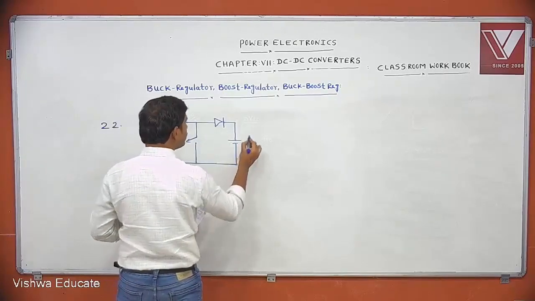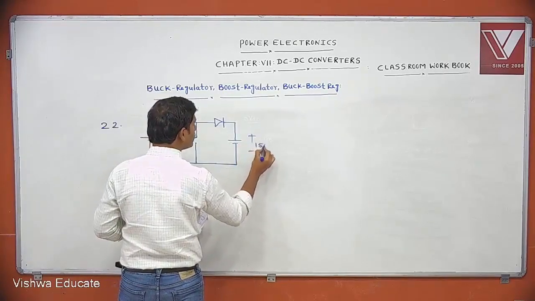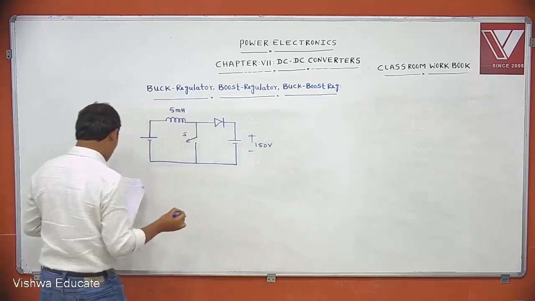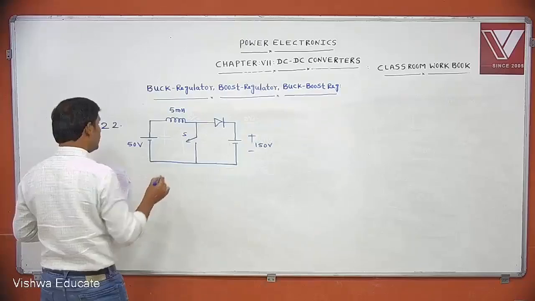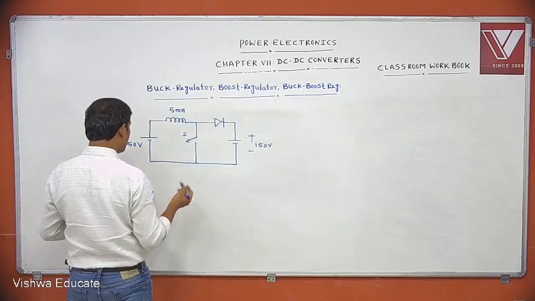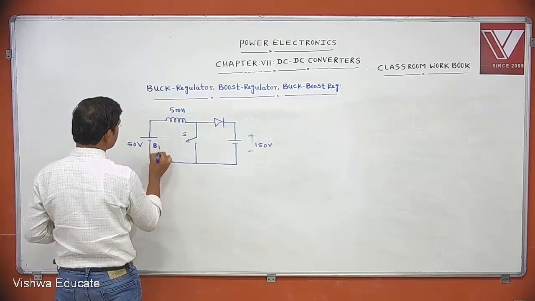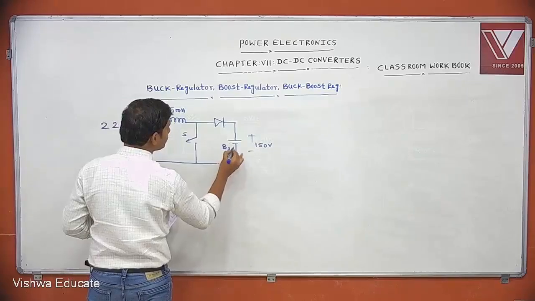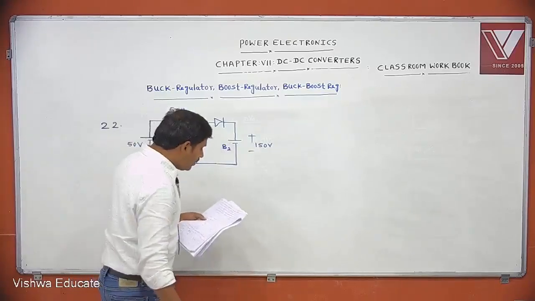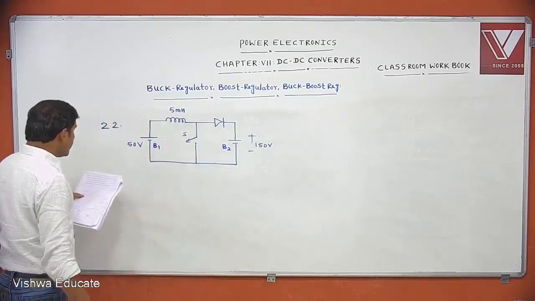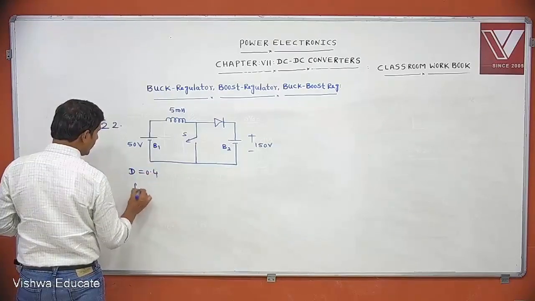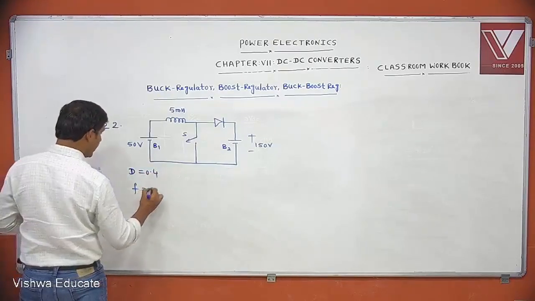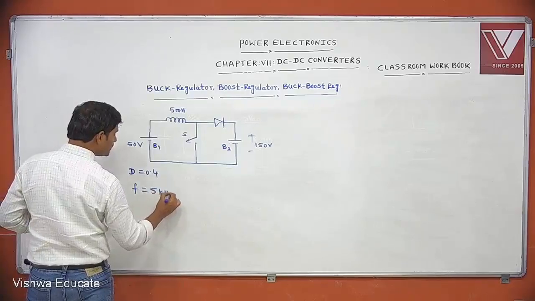This how much is it? 150 volts. And this? 50 volts. This is the 5 millihenry inductor. This is B1, and this is B2. The switch operates at a duty cycle of 0.4. D equals 0.4. Switching frequency is 5 kHz.